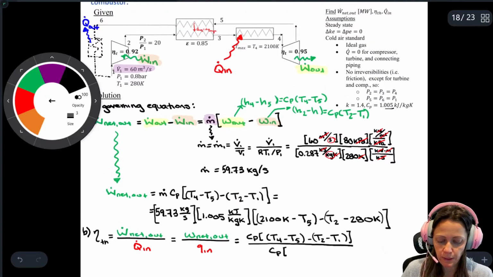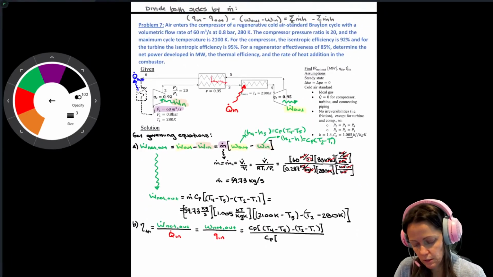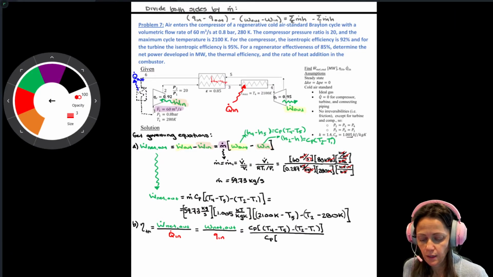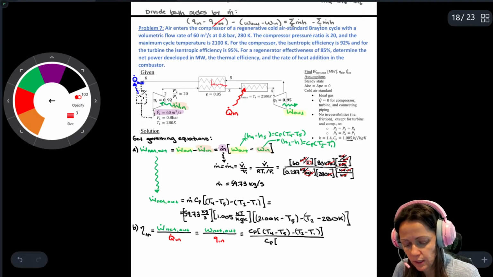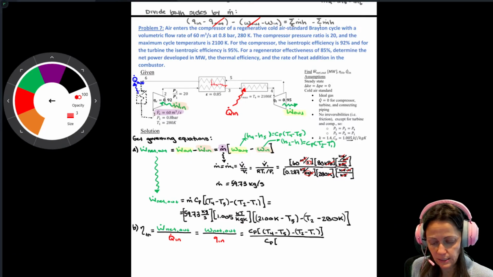So if I apply my first law to this little guy right there, that's going to be, well, it's a Q in, not a Q out. Don't have any work in or work out, and so it's going to give me the stuff going out minus the stuff going in.